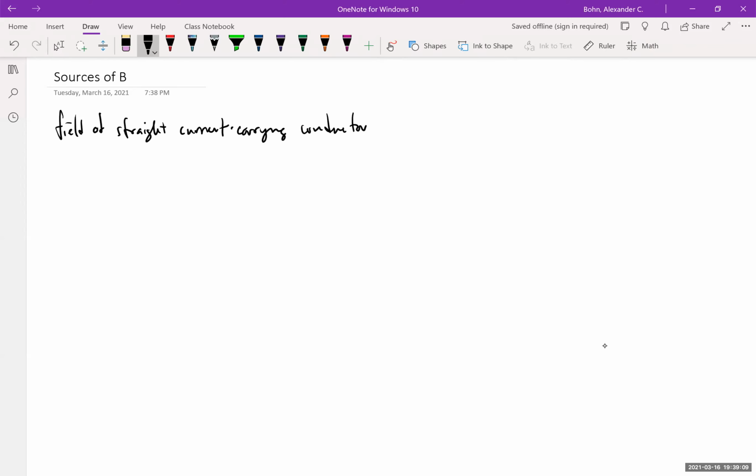Suppose we have a conductor that is oriented along the x-axis, let's say. And let's further suppose that the direction of the current is in the positive x direction.